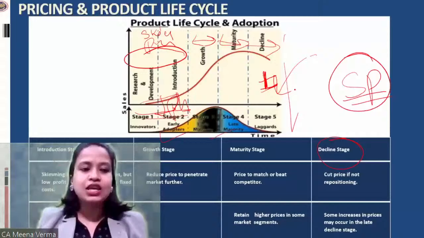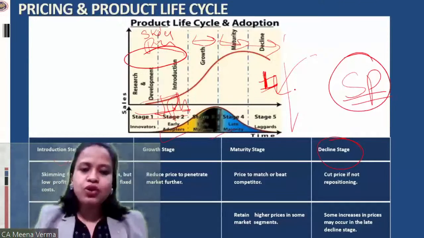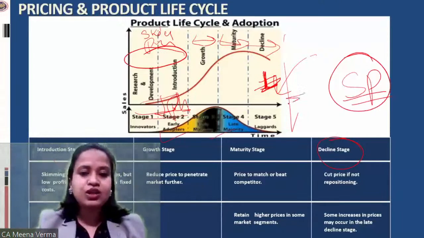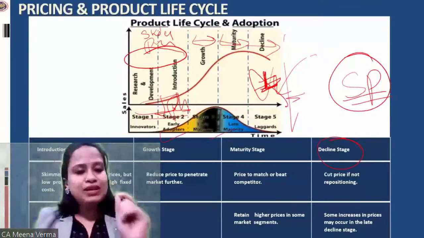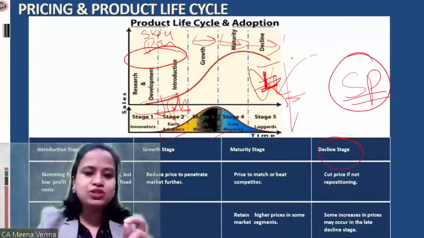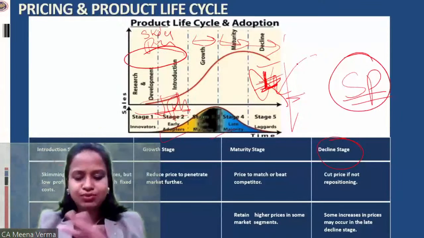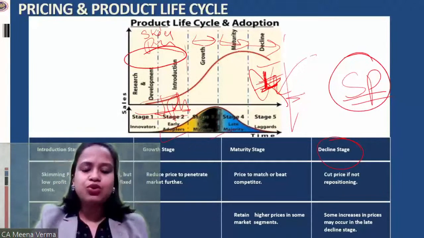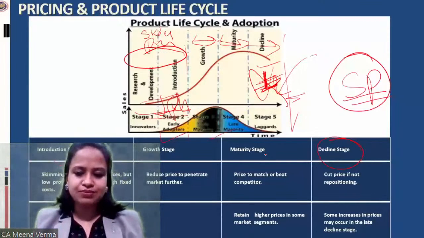Even though there was a time when you were the market leader, now some innovative product has been introduced which will replace you completely. In such a case, you will try to sell all your product even at less than the variable cost. So you can see, even in the product life cycle, your selling price will vary. It will not remain the same.